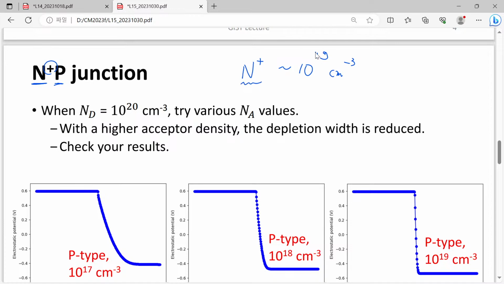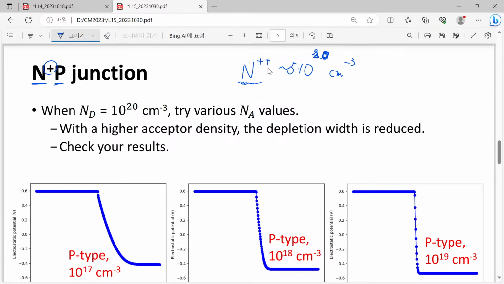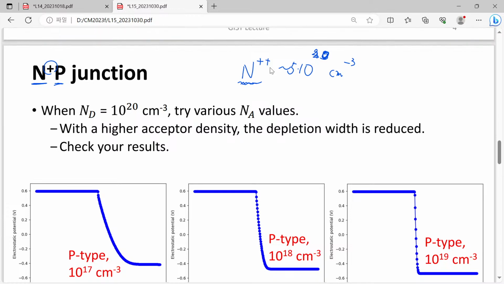If we have 10 to the 20, then it is sufficient to call it N plus. And sometimes we can have values like 5 times 10 to the 20, and in this case sometimes we add an additional plus sign to represent that this is really high doping density.